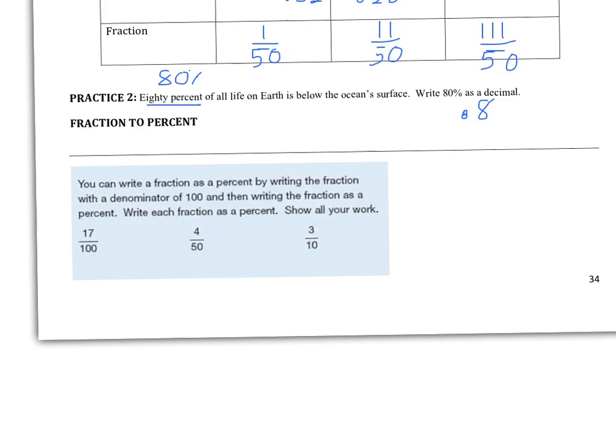Okay. All right, next part, changing fractions to percentages. So look at these examples down here. If you have 17 over 100 or 4 over 50, how would you turn those into percentages? Well, we're kind of going to work backward. First thing we're going to do is make it a decimal. And how do we do that? Well, we're just going to divide.